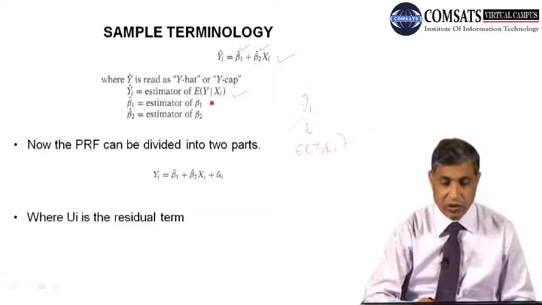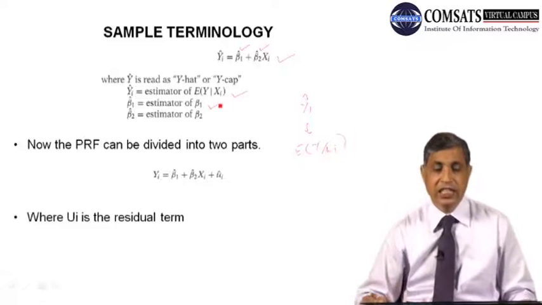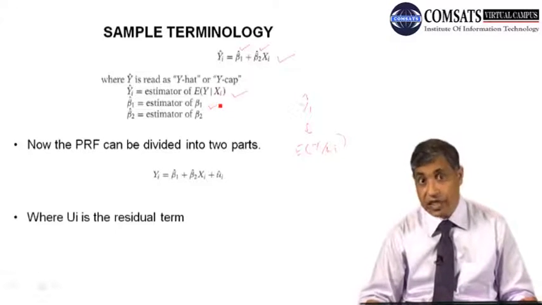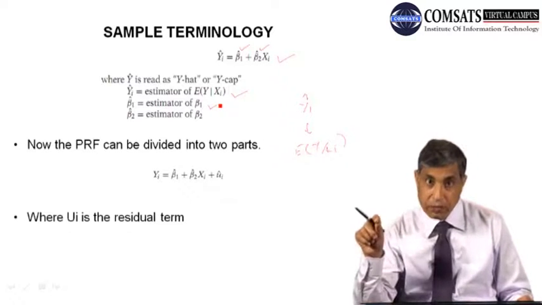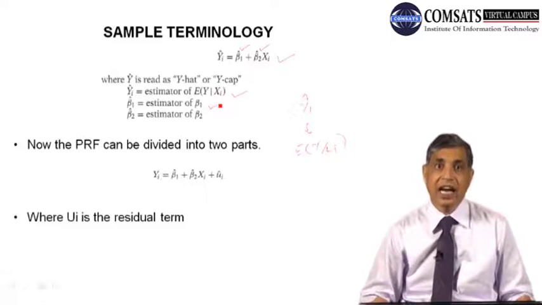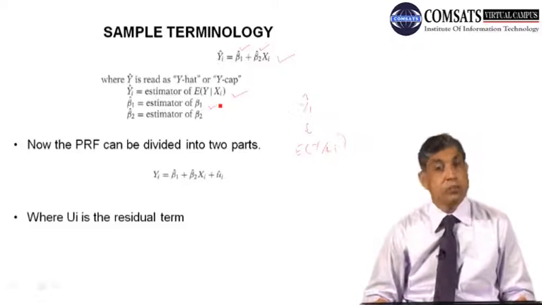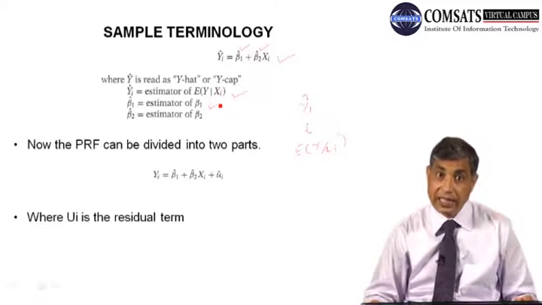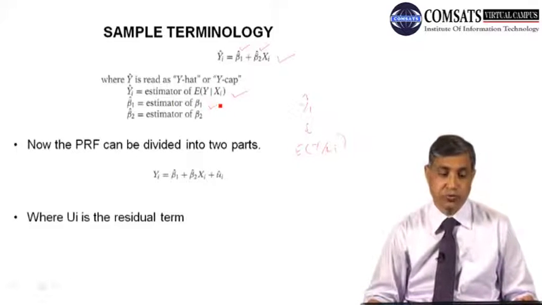And similarly, look at this: beta 1 hat is now representative of beta 1. Beta 1 is the population parameter and beta 1 hat you have estimated from the sample.